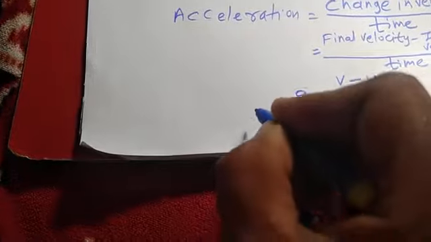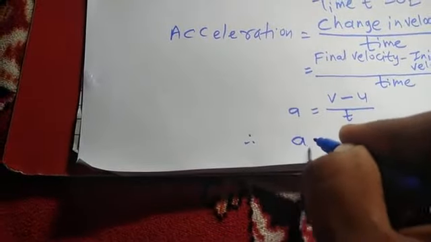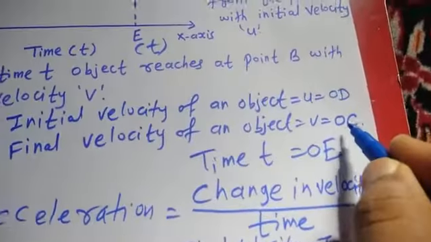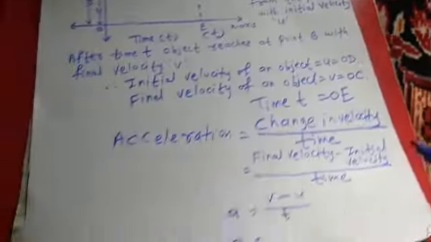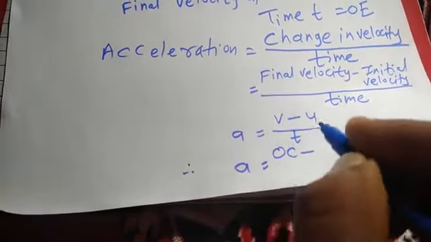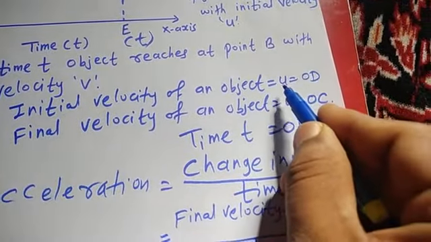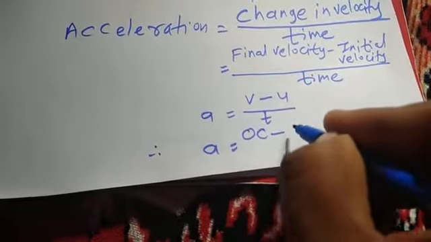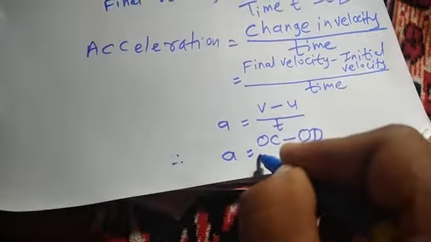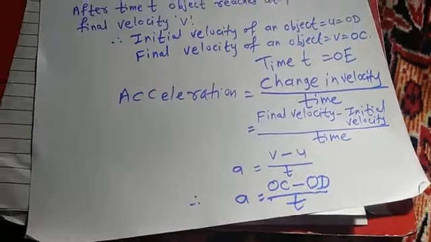Therefore, a is equal to, what is distance v? OC. OC is equal to v. So we can write OC minus, what is distance u? OD is equal to u. So we can write OC minus OD upon t. Now observe the figure.